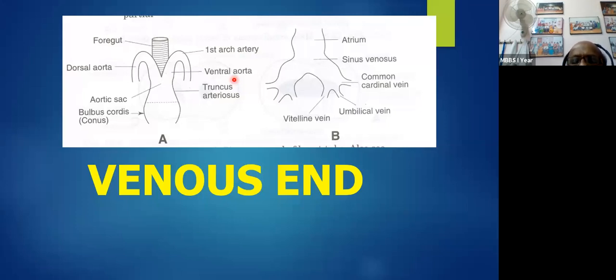So we have 2 aortae, one on the right side and one on the left side, but finally the right side aorta will disappear, and only the left side aorta persists to form our final aorta. During cephalocaudal folding, a small part of the dorsal aorta comes to the ventral aspect to open into the developing heart. That small part is called the ventral aorta. We will learn that in detail in the aortic arches class.